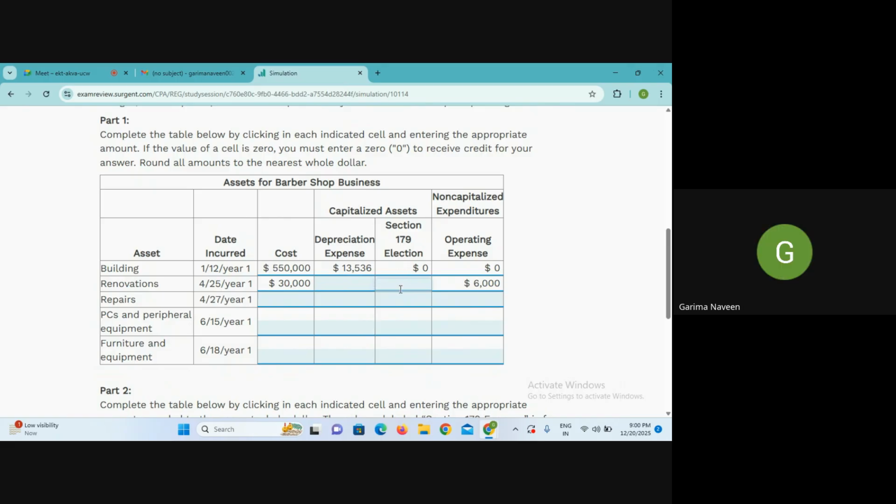For 179 election, ma'am, we can do it for structural work or for non-structural work. Look, if you are doing improvement in your building or your property which is related to heating, ventilation, air conditioning, okay, means improvement, that can be claimed under 179 election.